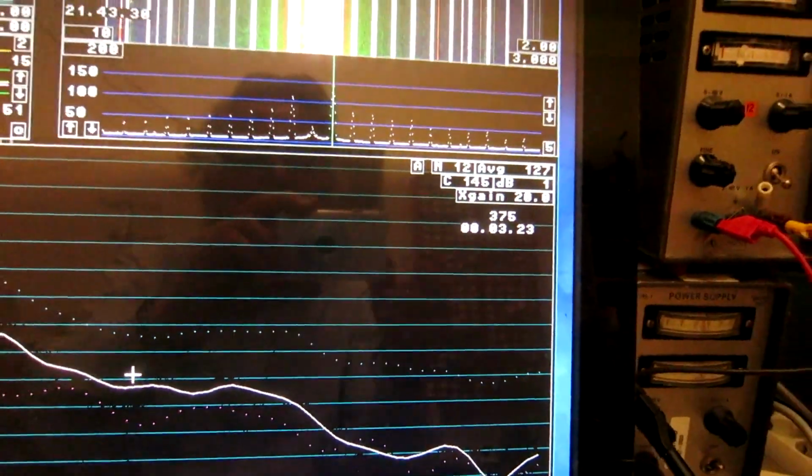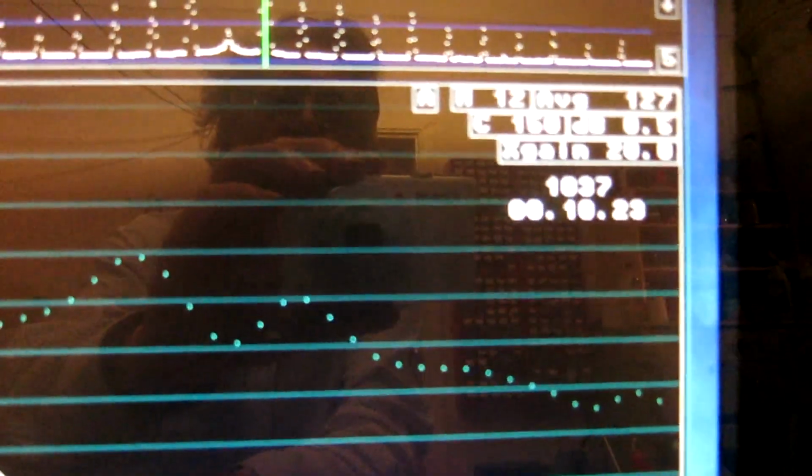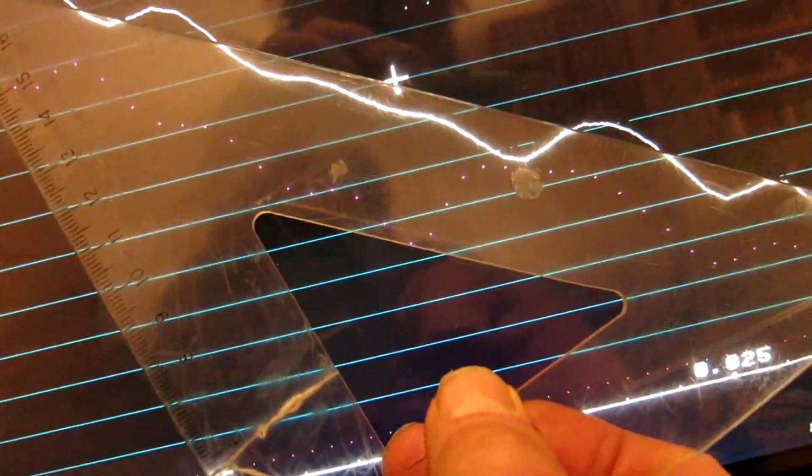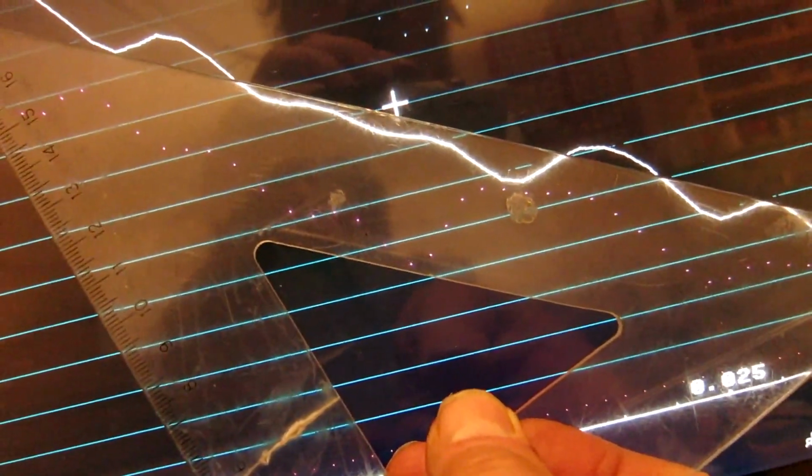That's 3 minutes. The mouse cursor is on minus 153, and this is 10 minutes, 1000 averages, and if I make a straight line here, I can see that the deviations from a smooth curve is in the order of half the separation between the lines here, and they are half a dB.